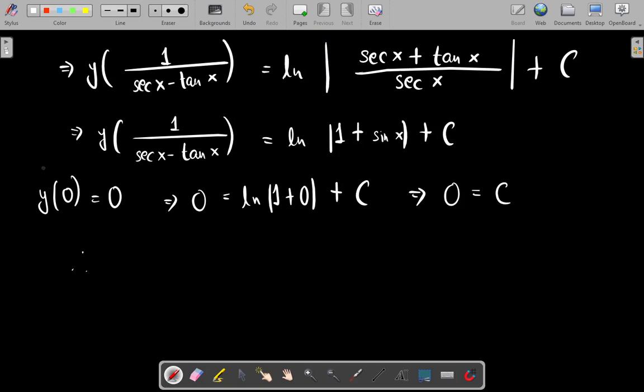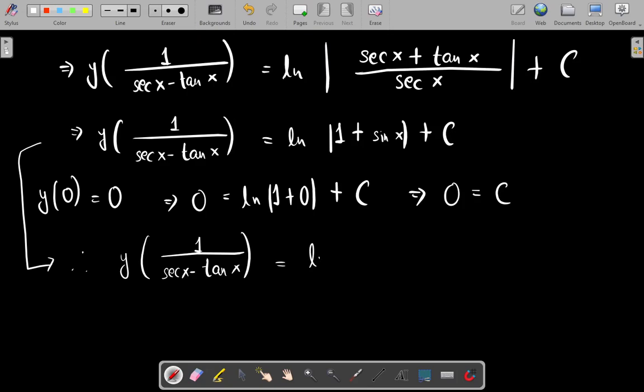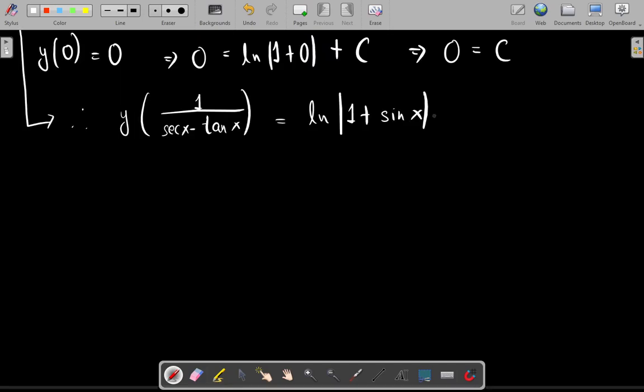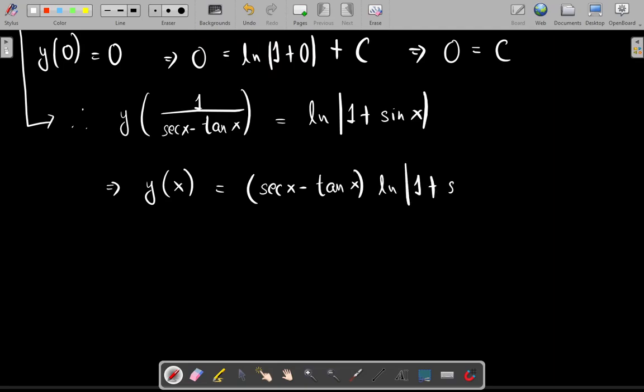So from this equation, y times 1 upon sec x minus 10x is equal to ln mod of 1 plus sin x. So if I write y as a function of x, y of x is nothing but sec x minus 10x times ln 1 plus sin x, right?